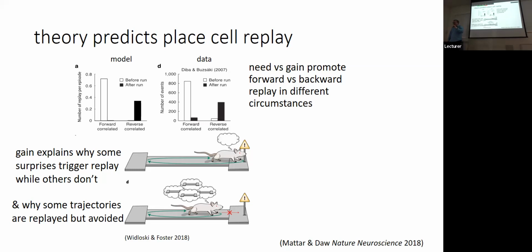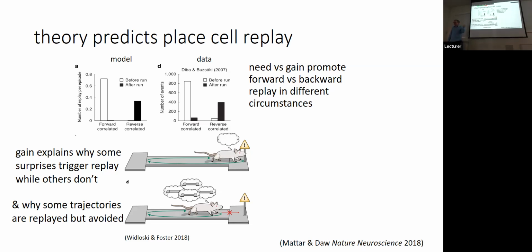The best evidence we have for that is the experiments from Foster. I'm blanking on the first author. This is a News and Views he wrote, and I'm blanking on the actual paper. But they see these weird asymmetries in this shuttling task between better than expected rewards and worse than expected rewards. One drives your replay, one doesn't. And our interpretation is that because the animal has to get the shuttle anyway, the worse than expected reward isn't worth learning about because it's not going to change what you do.